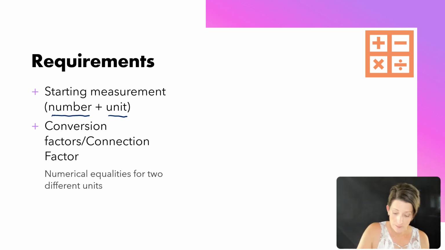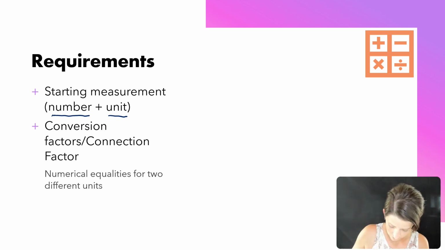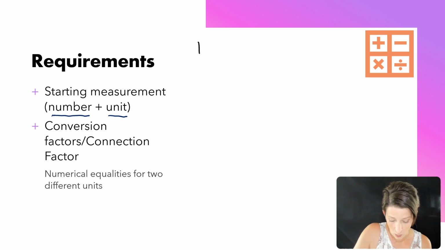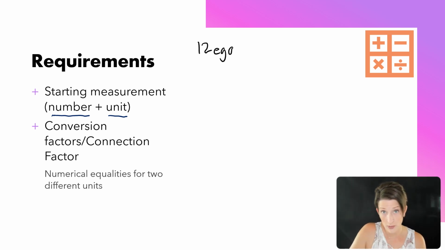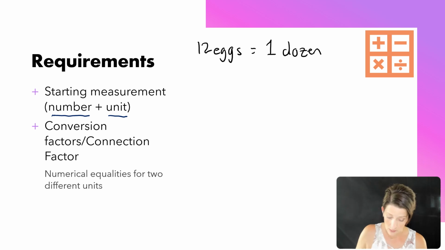An example is, let's say we have 12 eggs. We know that another unit for 12 eggs is a dozen. Or sorry, 12 is a dozen. Therefore, we have our units, eggs and dozen, and we've got the number before.